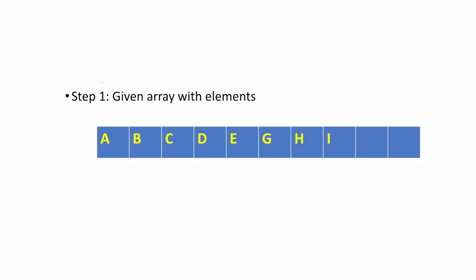By this example, we can easily understand how we insert a new item inside the array. Here is step number 1, given an array with elements. Suppose you can understand by your mobile contact list. Suppose we have some items, we call it an array, and we have to declare the size of that array.